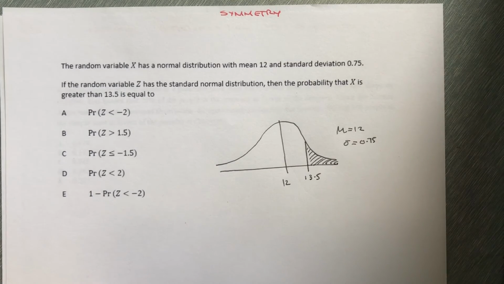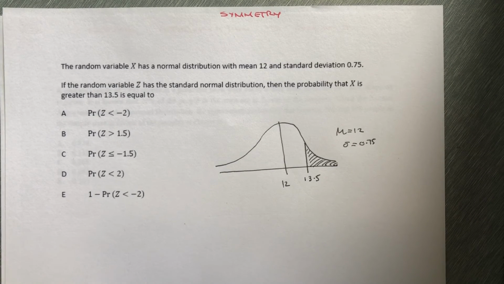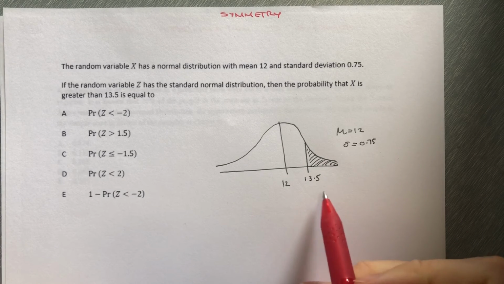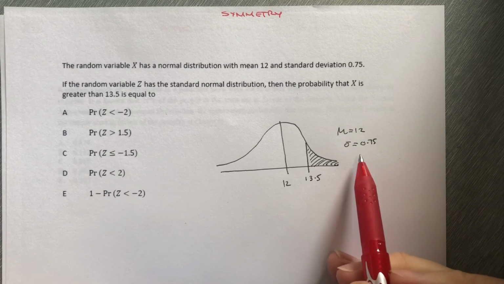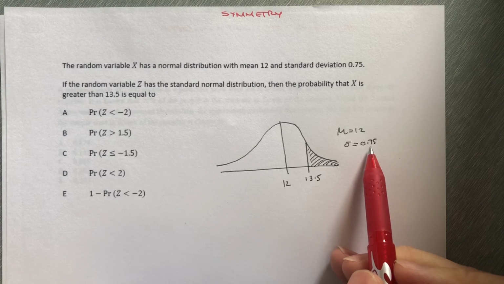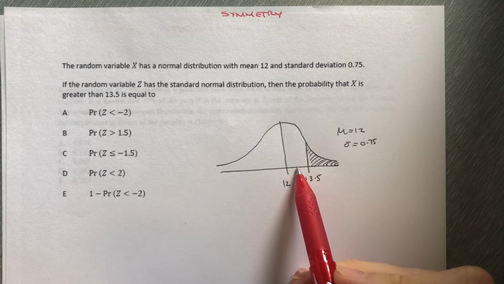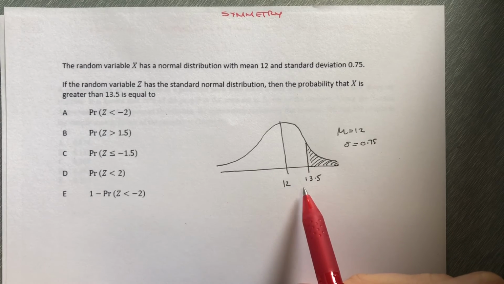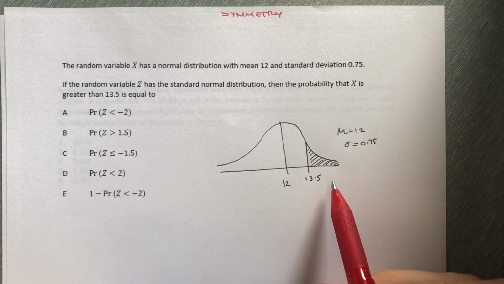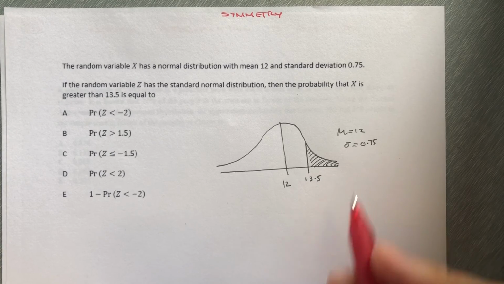Okay, now let's have a look at 13.5 and work out how many standard deviations away from the mean we are, because that's going to give us our z score or z value. Now if a standard deviation is 0.75, that would mean one standard deviation above would be 12.75, two standard deviations above would be 13.5.